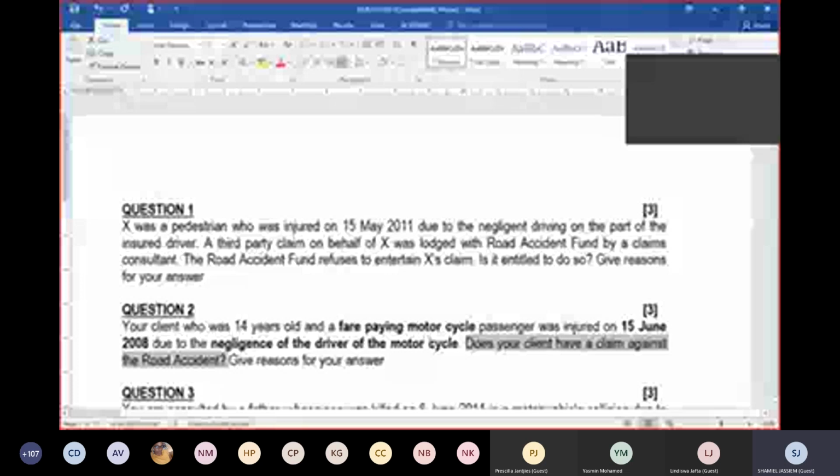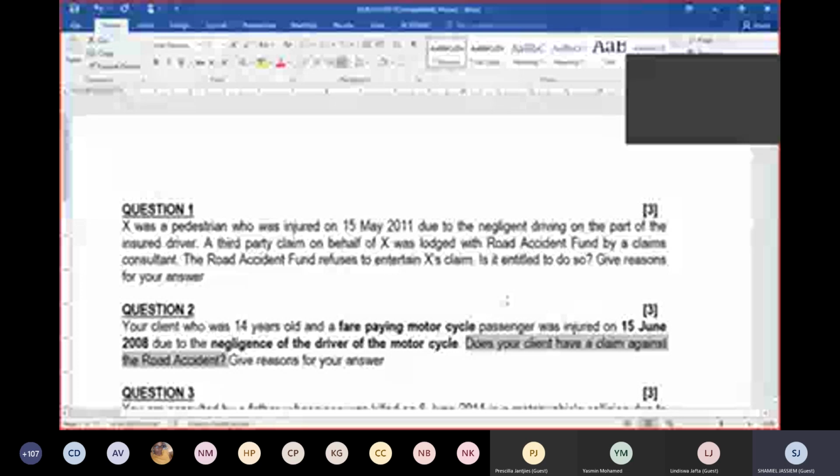So your answer will be simple, that in terms of section 19, there's no claim against the RAF, and the words I've highlighted are the reasons you will provide why there is no claim. The 3 requirements: it was a fare paying passenger on a motorcycle, and the driver of the motorcycle was solely to blame for the collision. There you go, 3 marks, already 6 marks in the bank.